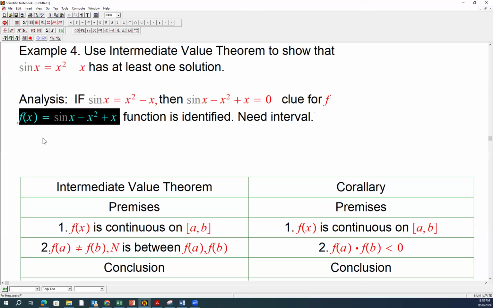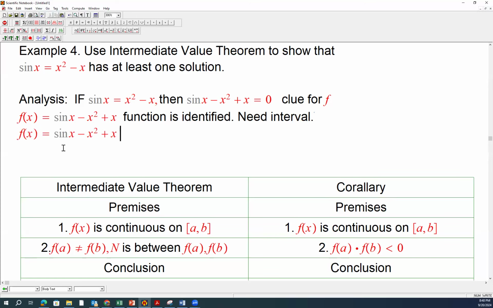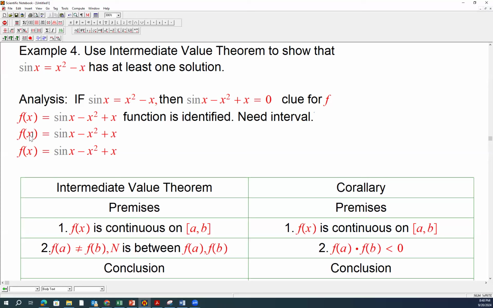So let's get started to identify the interval. What interval am I going to identify? I like to start with 0. Uh-oh, I got 0. That's not going to work.